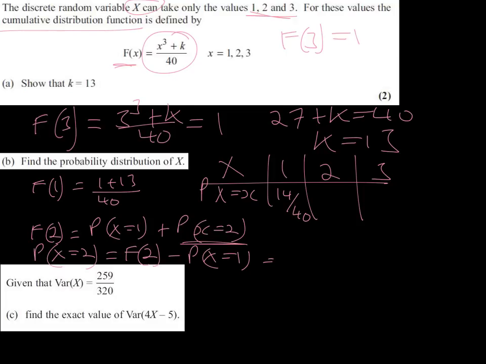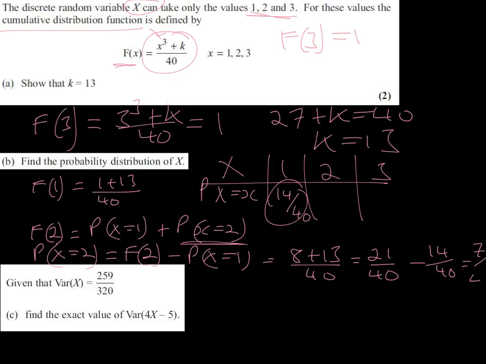To find f of 2, we're going to do 2 cubed, which is going to be 8, plus 13, all over 40. That's just substituting 2 into here. So that is going to give us 21 over 40. We then need to subtract the probability that x equals 1, which we found here, which is 14 over 40. So that's going to give us the probability that x is equal to 2 is equal to 7 over 40, which is going to go in here.